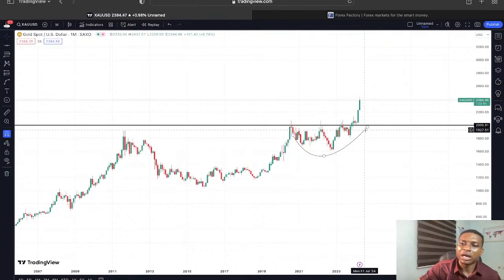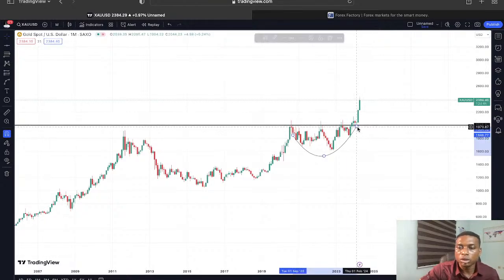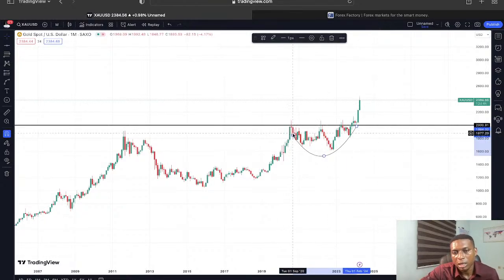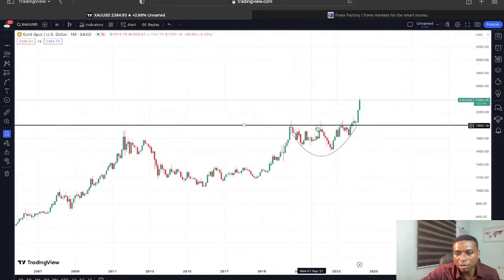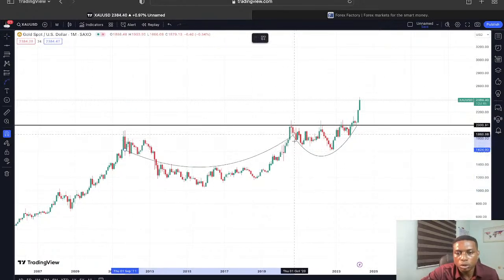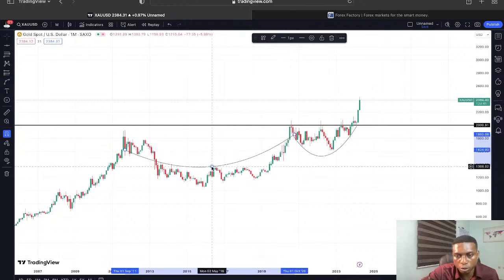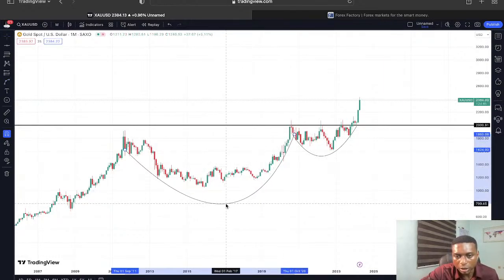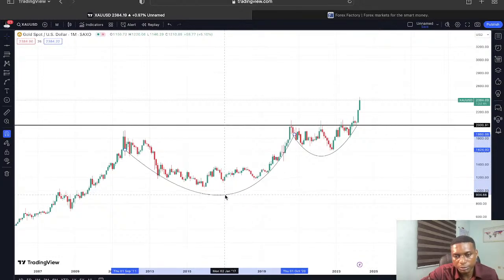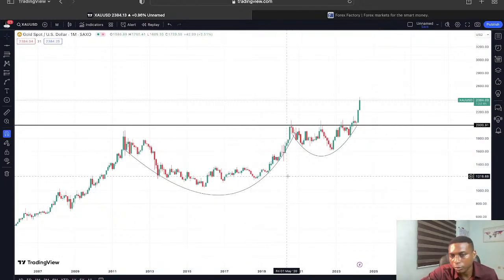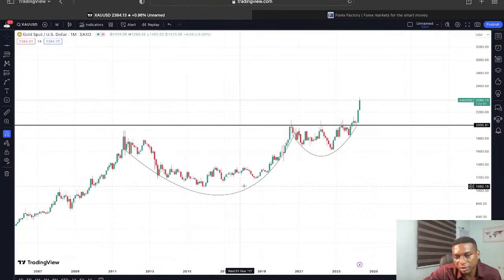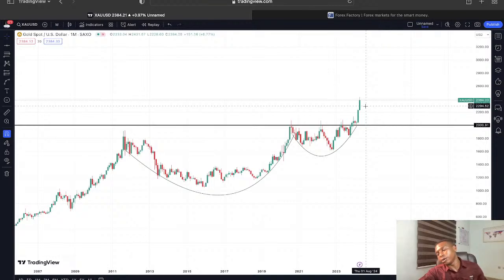As you can see, price finally broke out of the region. So don't joke with curves. We can see that the curve pattern showed up and a breakout finally occurred.